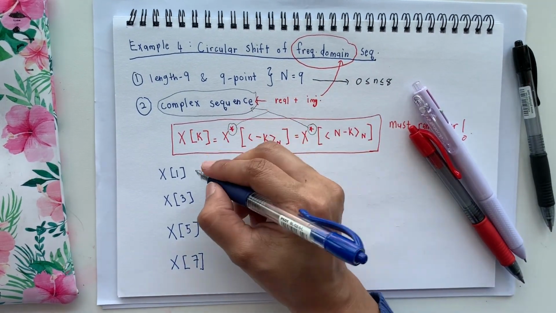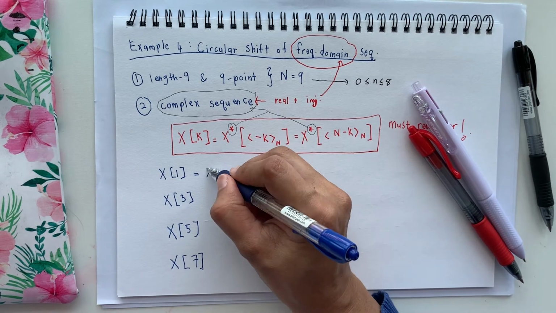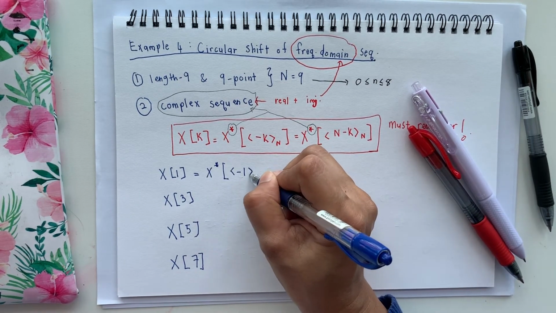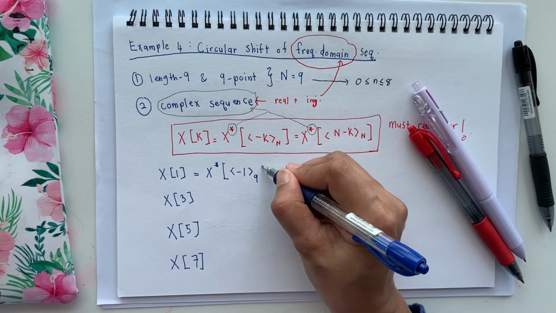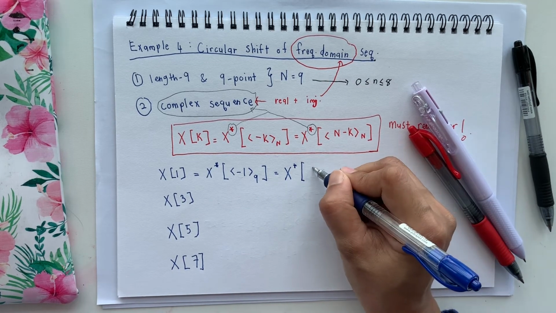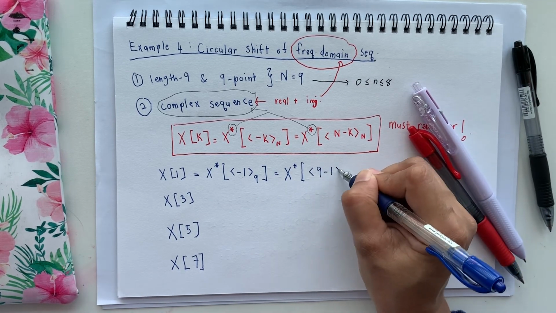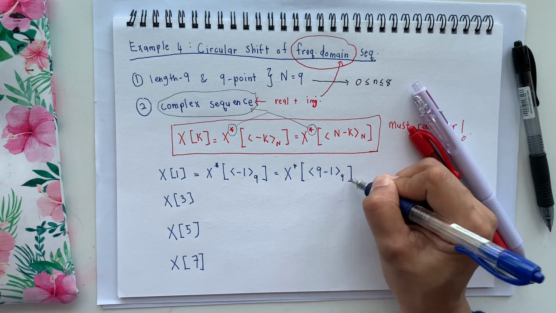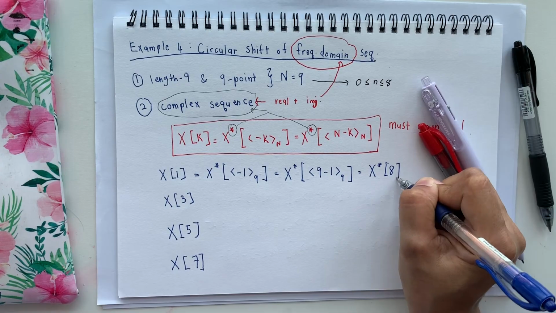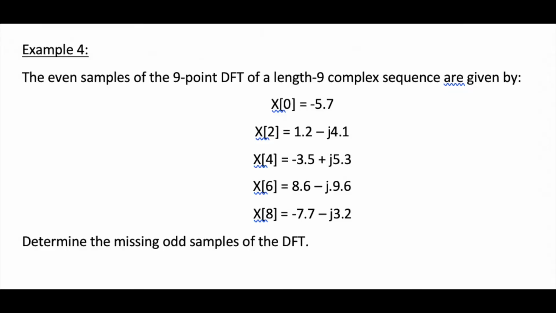Okay, so x1 is x conjugate of N minus 1, where capital N is 9. So here x conjugate of 9 minus 1, which is equal to x conjugate 8. From the question, we know that x8 is minus 7.7 minus j 3.2.